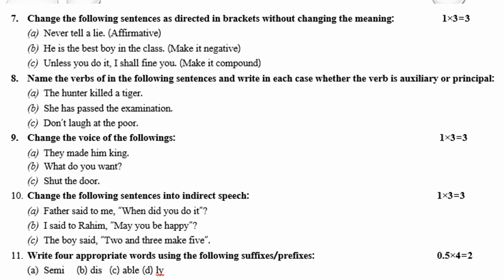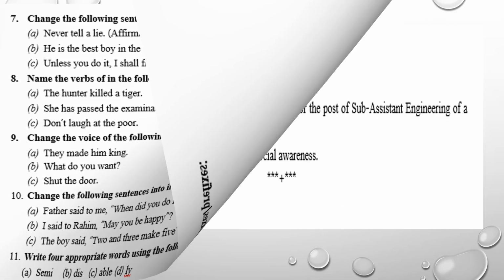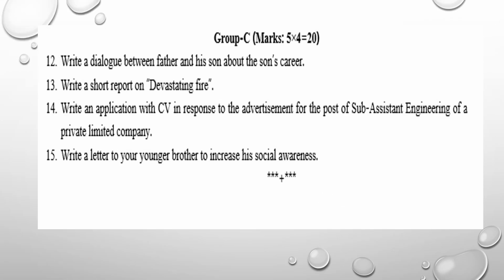So dear learners, this way you have to correct the sentences. Dear students, there is the last group of the question paper, group C, and it is free writing or composition writing, and marks will be 20. Sometimes marks will be 30.